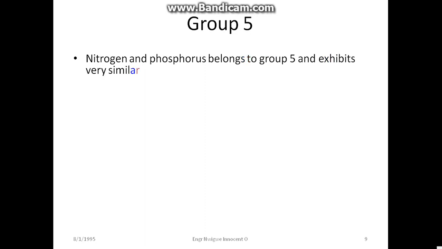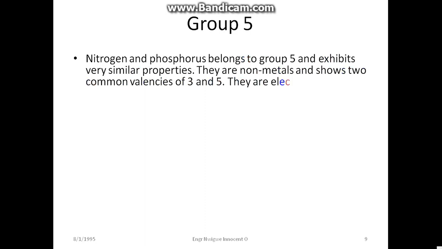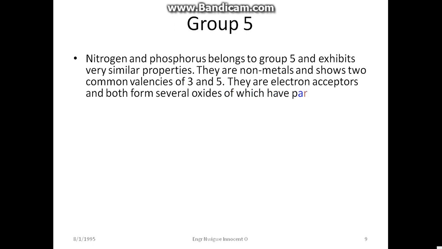Group 5. Nitrogen and phosphorus belong to group 5 and exhibit very similar properties. They are non-metals and show two common valencies of 3 and 5. They are electron acceptors and both form several oxides which have parallel characteristics.